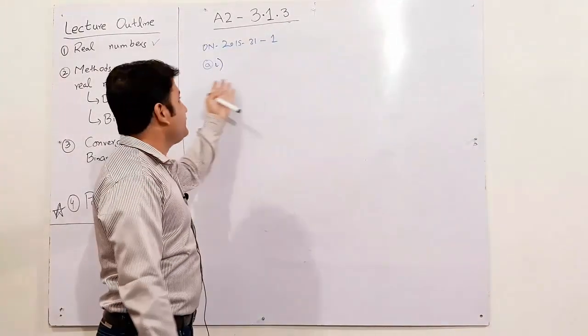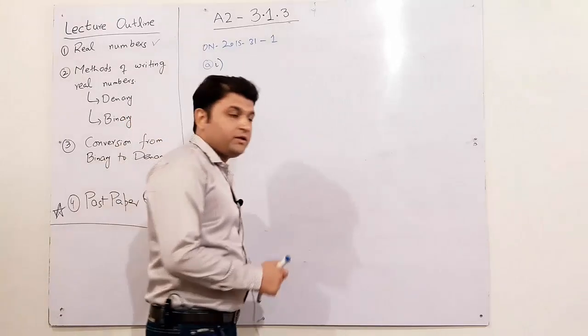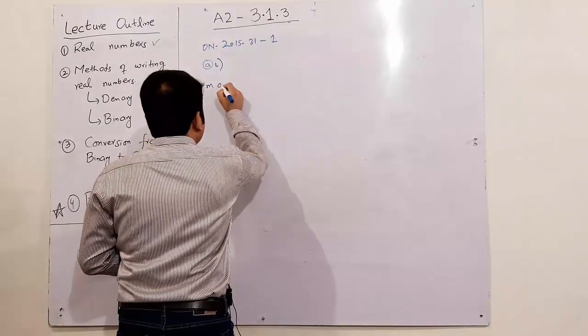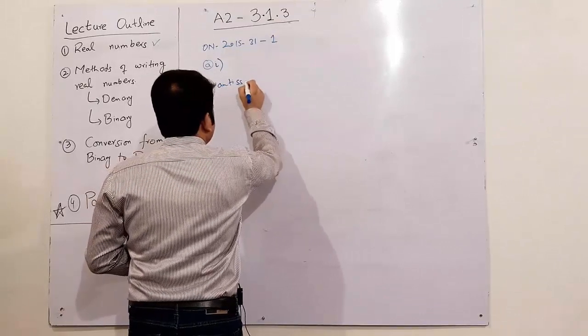So in this question we'll be doing part A1, and we have the Mantissa part as it is written in the question.